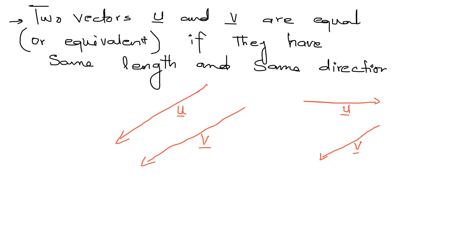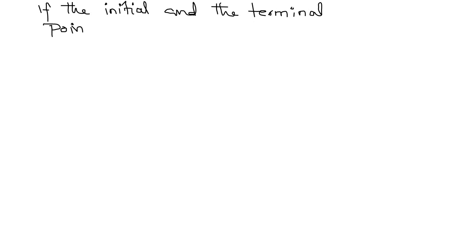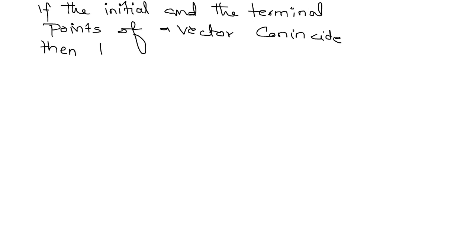Okay. Now there is another definition. You can say that if the initial and the terminal point of a vector coincide, then the vector has length 0.